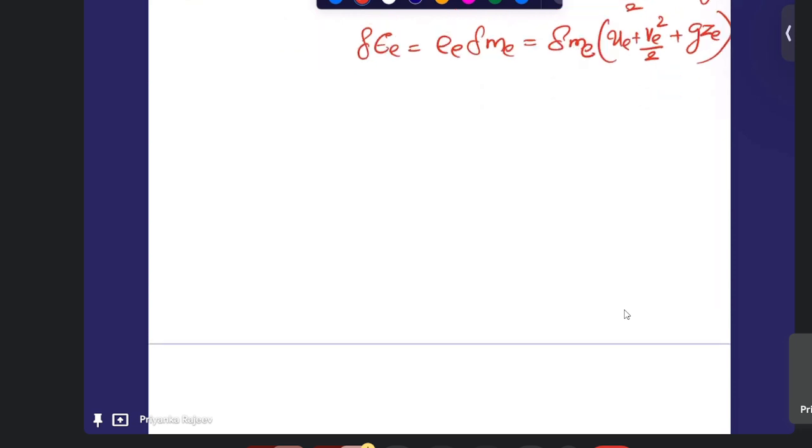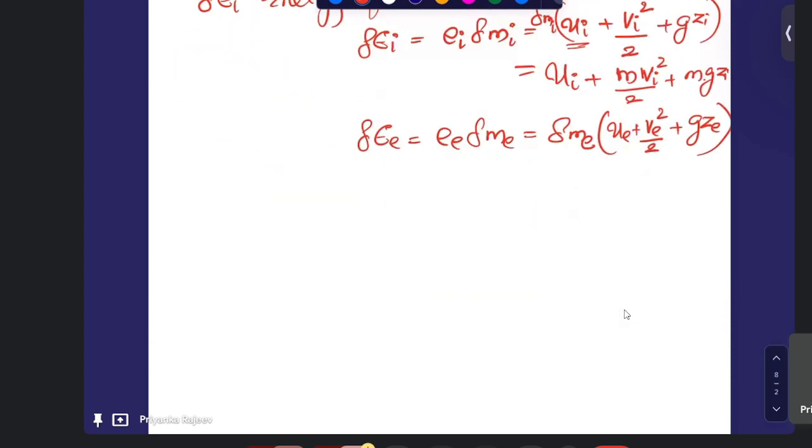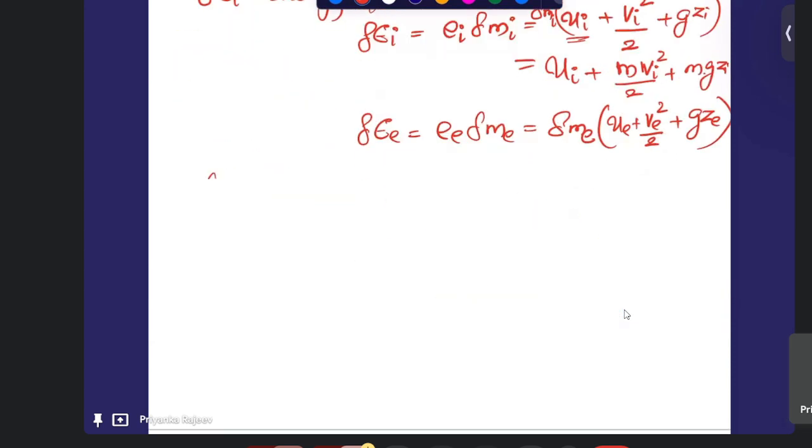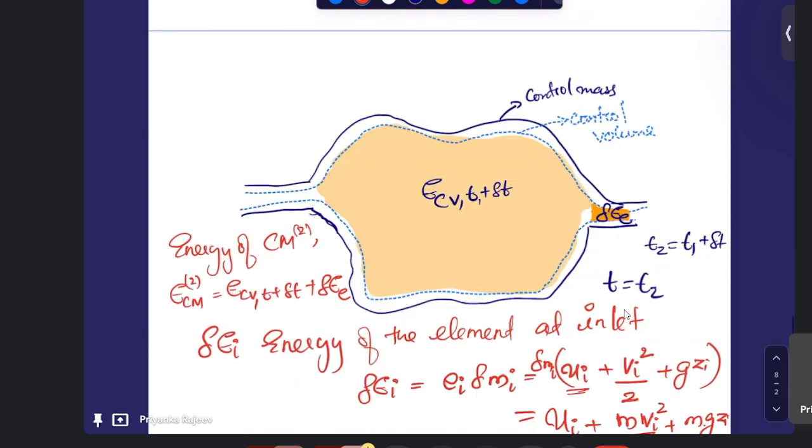Now, next up, in the first law we know Q is there, W is there, and E is there. So for work calculation, we have to think about the work in this control volume. Work is not contained inside the control volume, but there is some work being transferred into the control volume mechanically or electrically or magnetically.